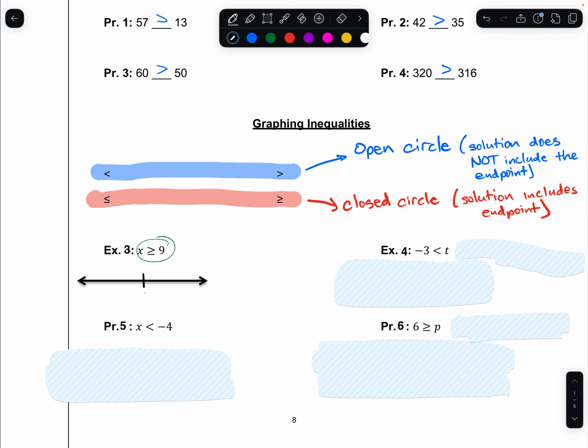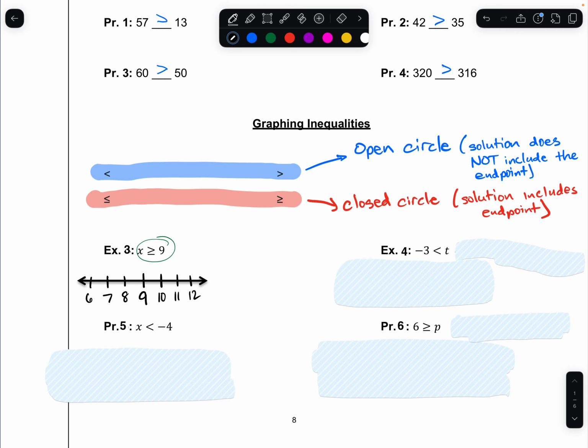Right in the middle of the number line, let's put that number we're comparing X to, and then we should put a few numbers to the right and a few numbers to the left. To the right of our number 9, we can count by ones, 10, 11, 12, and then to the left, 1 less than 9 is 8, and then 7, and then 6.